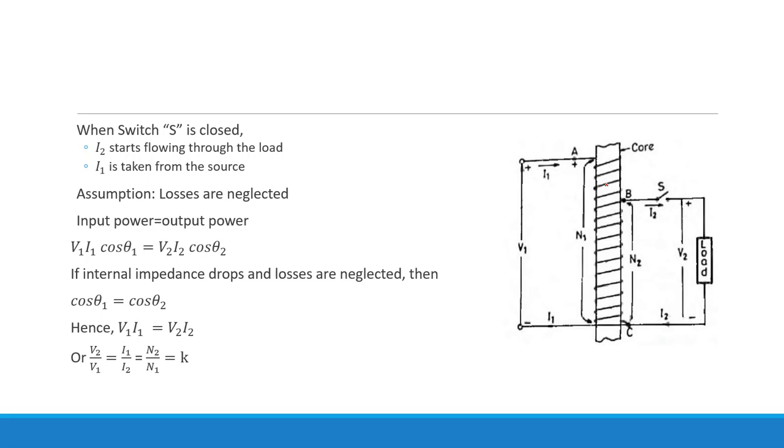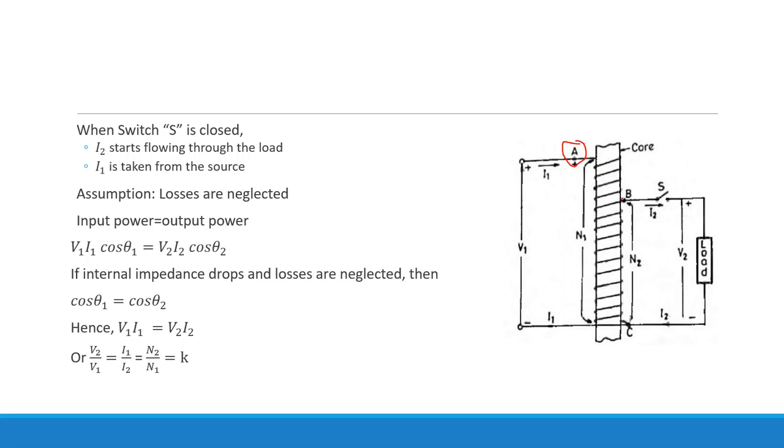Let us move on further to the working of the auto transformer. What we said is that in an auto transformer, part of the power is transferred using conduction, and part of the power is transferred due to transformer action. So let us consider the same circuit again. There is one winding, with terminals A, B and C. The winding between A and C is called the primary winding, having N1 turns.